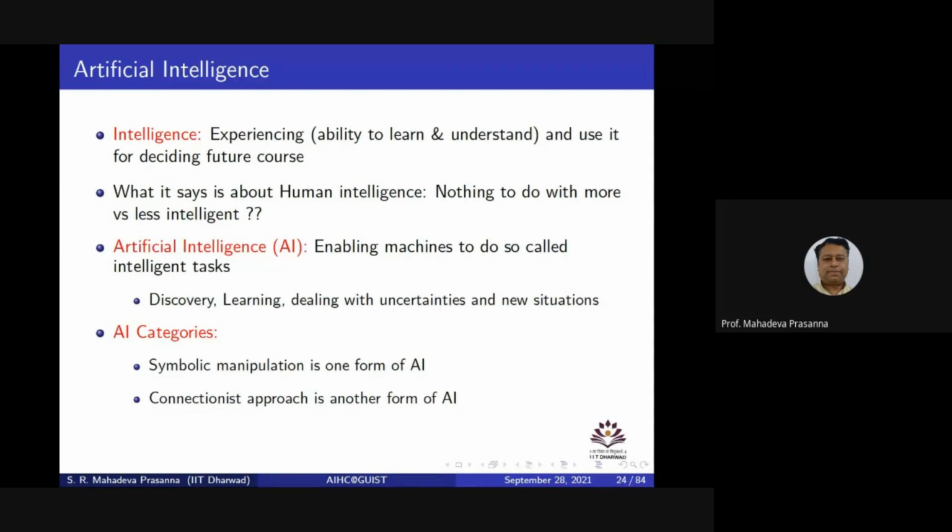Whereas in symbolic manipulation, the decision need not be a numeric value. It can be a symbol also. Based on the symbol, you can make a decision. Whereas now, when we talk about artificial intelligence nowadays, it is essentially a connectionist approach. When we say connectionist approach, we are using the deep learning model for doing that.